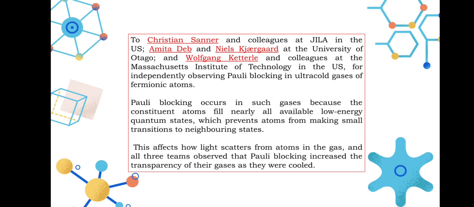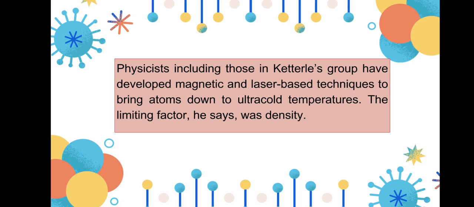This affects how light scatters from atoms in the gas, and all 3 teams observed that Pauli blocking increased the transparency of their gases as they were cooled. Physicists, including those in Ketterle's group, have developed magnetic and laser-based techniques to bring atoms down to ultra-cold temperatures. The limiting factor, he says, was density.